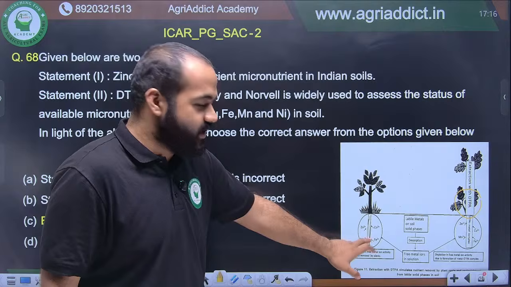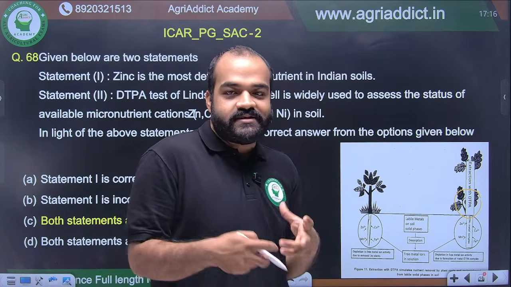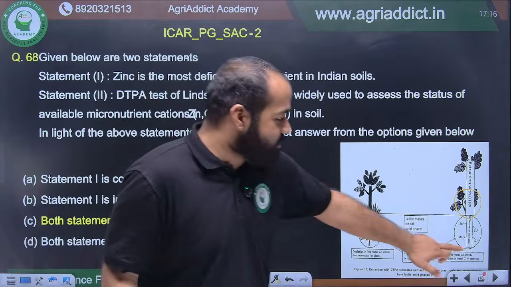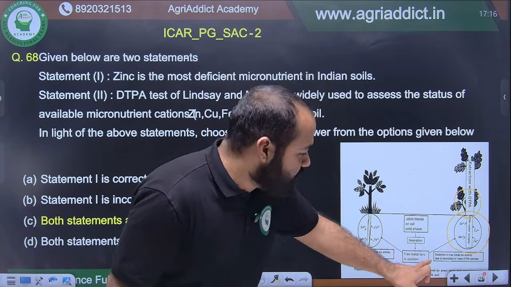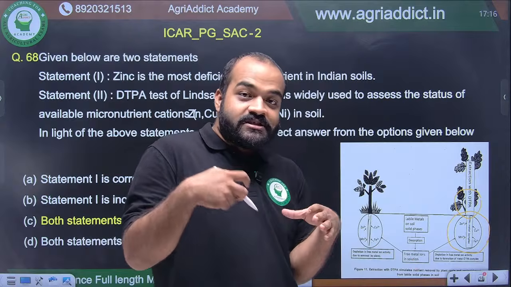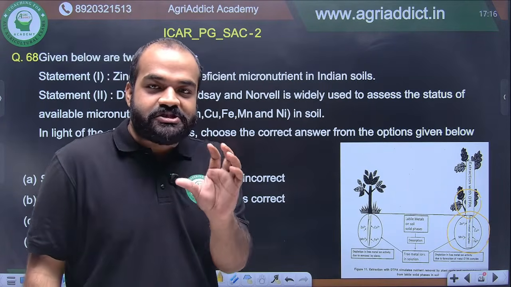The way the plant root takes nutrients, DTPA is a chelating agent that also binds the nutrients. Here it is written, DTPA metal complex also binds the nutrients, which mimics the plant root system. Because of this we can make the estimation accurately.